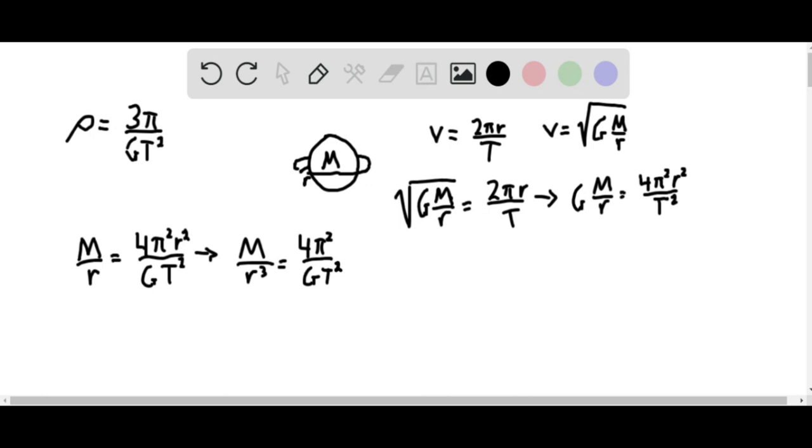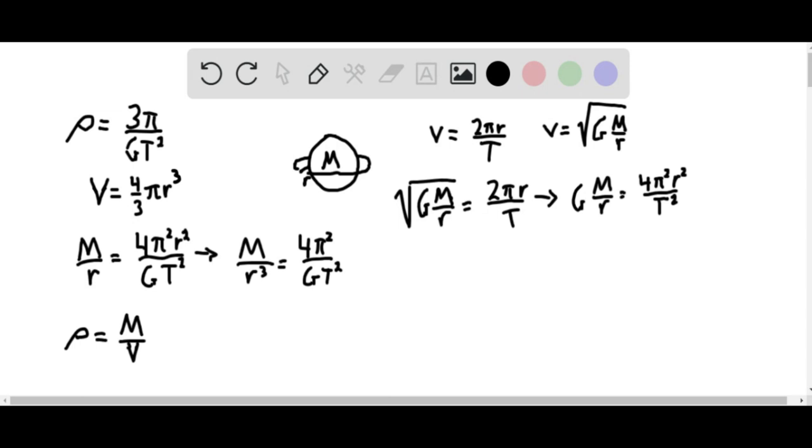Now, why did I put r on the same side as M in that part of the problem? It's because density is equal to mass divided by volume. And assuming our planet is perfectly spherical, its volume will be equal to 4 over 3 pi r cubed.